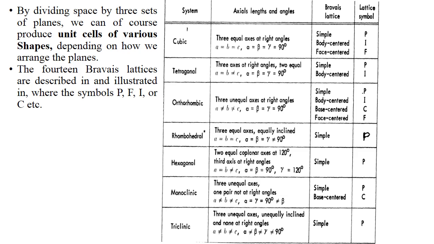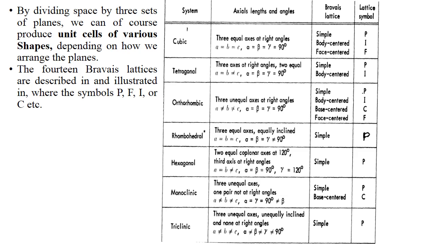If we conclude, we have a total of 7 crystal systems and 14 Bravais lattices: 3 in cubic, 2 in tetragonal, 4 in orthorhombic, 1 each in rhombohedral and hexagonal, 2 in monoclinic, and 1 in triclinic.